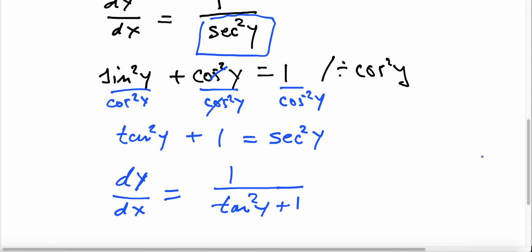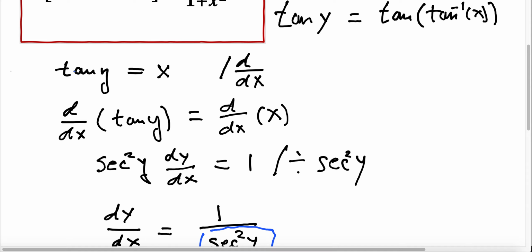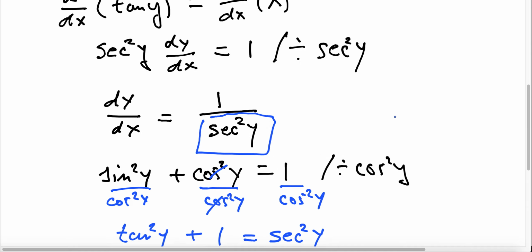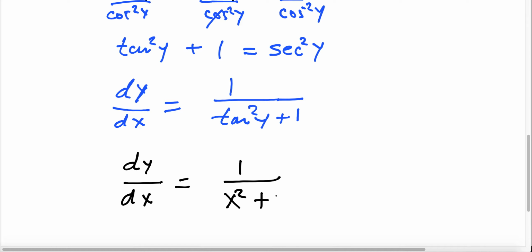But now this tangent y, we are going to substitute by x, because you see here we have tangent y is equal to x. Instead of tangent y, we are going to substitute x. And finally we have dy over dx is equal to 1 over x squared plus 1, respectively 1 plus x squared.